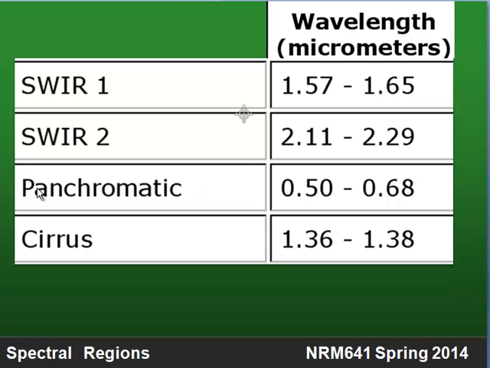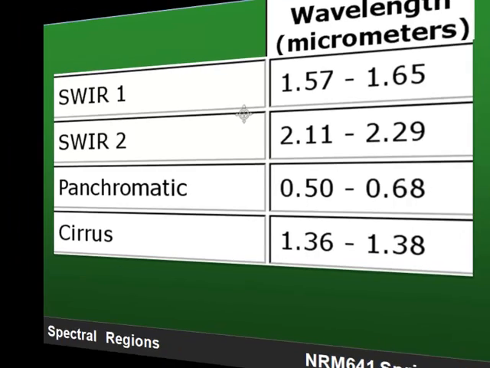And then we have a very wide panchromatic band. And then we have a specialized band called the cirrus band, and it's only 0.02 micrometers in width. So it's a very narrow spectral band, and it's specially designed to detect cirrus clouds.